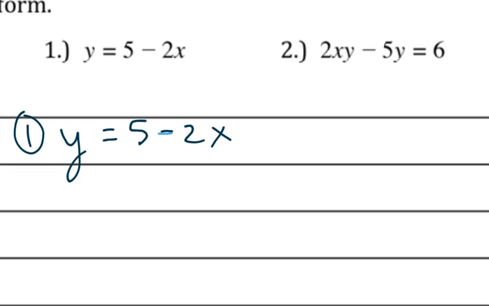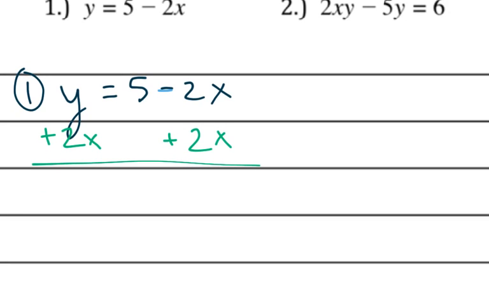And since I do want to avoid a negative in front of my x value, because that's the rule, I'm going to add 2x to both sides. Now, if that ends up resulting in more work than you want to be doing, then you don't have to do it that way. You could deal with y first. Doesn't matter. So then I rewrite 2x in the front plus y equals 5.